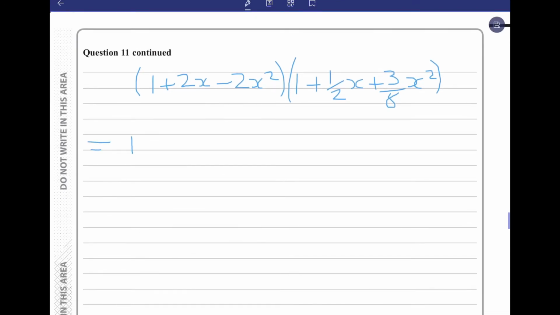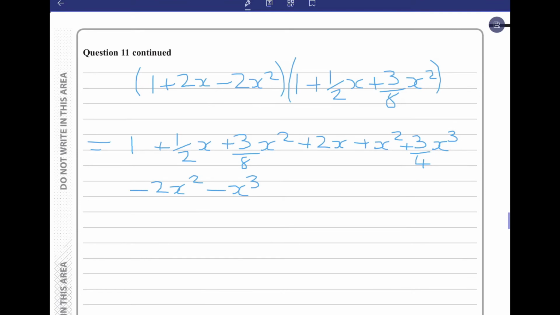So we've got 1 plus a half x plus 3 over 8x squared, plus 2x plus x squared, that's that, plus 3 over 4x cubed. Now there's going to be extra terms here. So what else? We've got minus 2x squared, minus x cubed, and then minus 3 over 4 x to the 4.